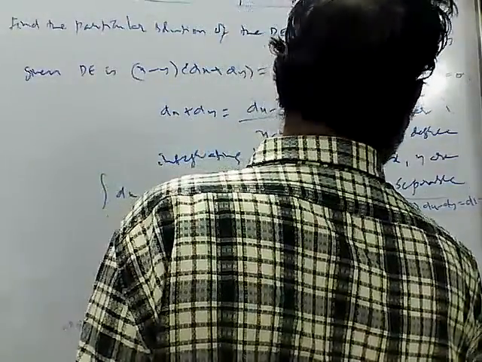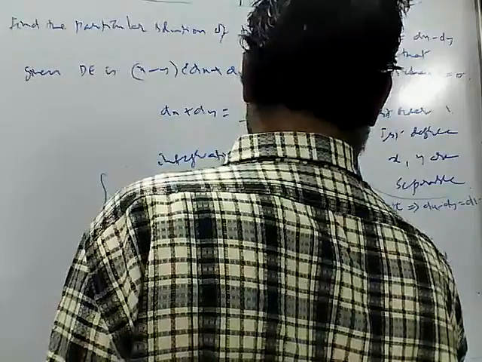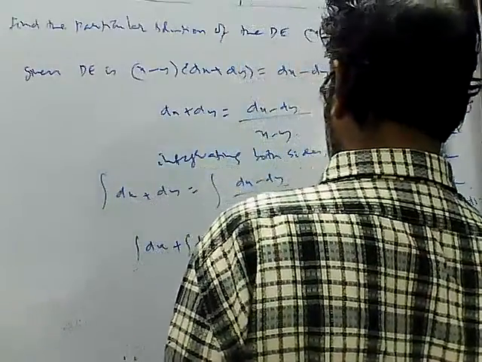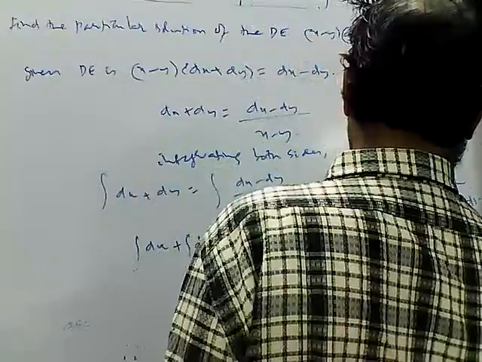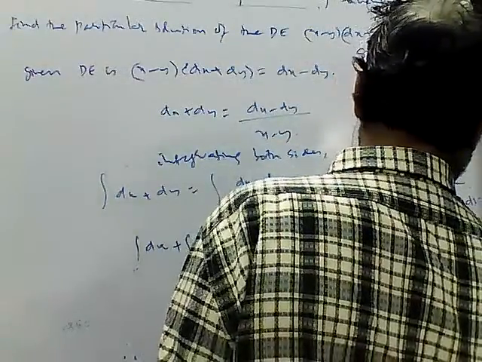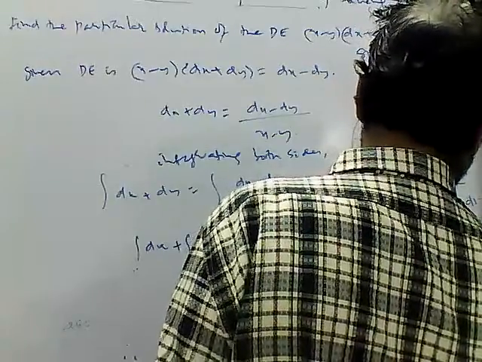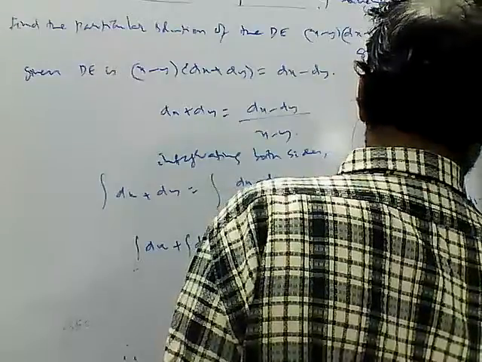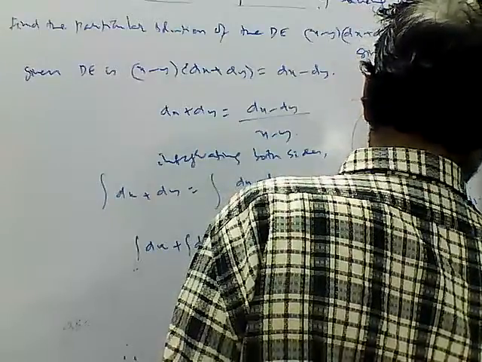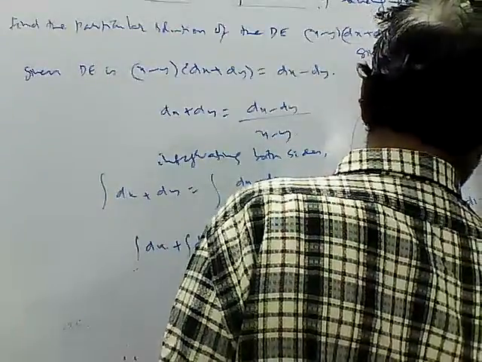At x is equal to 0 and y is equal to minus 1: 0 minus 1 is equal to log mod t plus c, implies c is equal to minus 1 minus log mod t. That is equal to minus 1 minus log mod x minus y, which is equal to minus 1 minus log of 0 minus minus 1, which is equal to minus 1 minus log 1, which is equal to minus 1.